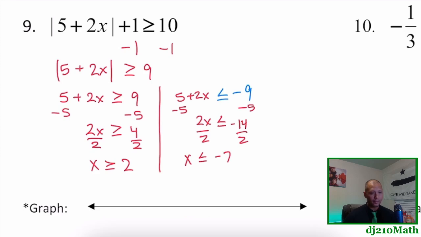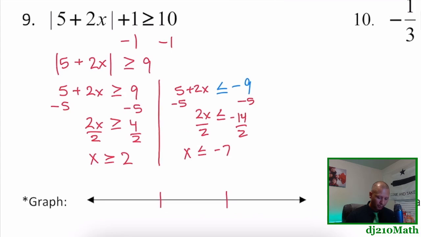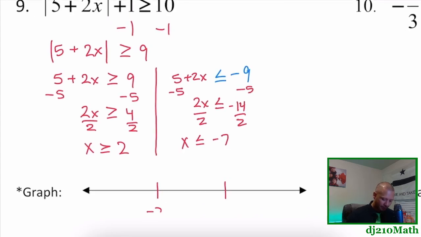All right, to graph this, we put our tick marks, right? We have 2 values, so we put 2 tick marks. In numerical order, negative 7 will be to the left because it's smaller than 2, and 2 will be to the right because it's larger than negative 7. The circles will get closed circles because it's or equals.